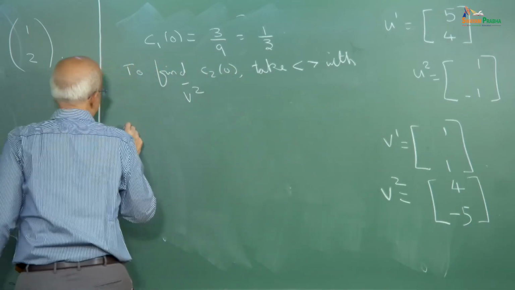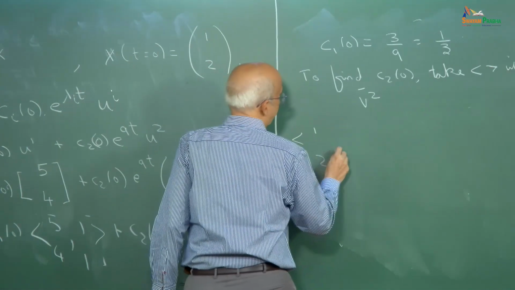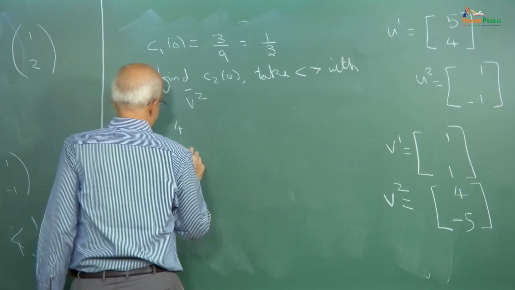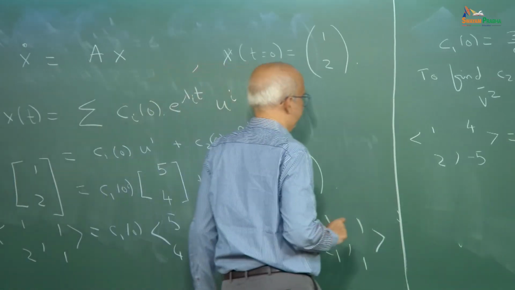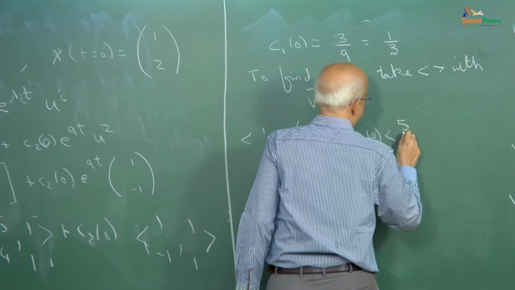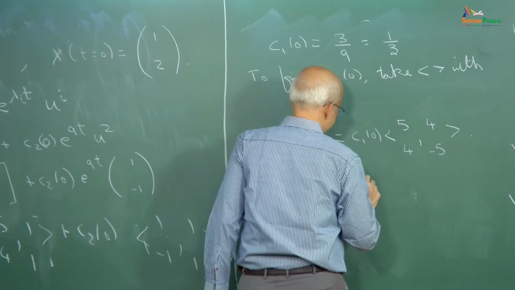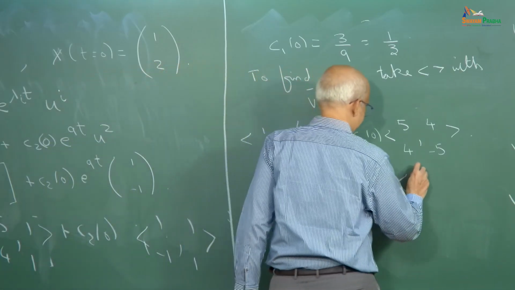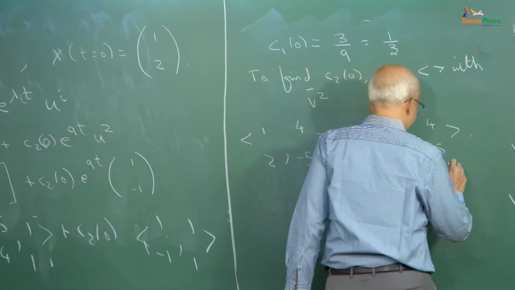So, I have the inner product of 1 2 with 4 and minus 5, equal to C1 0 times the inner product of 5 4 with 4 minus 5, plus C2 of 0 times the inner product of 1 minus 1 with 4 minus 5.